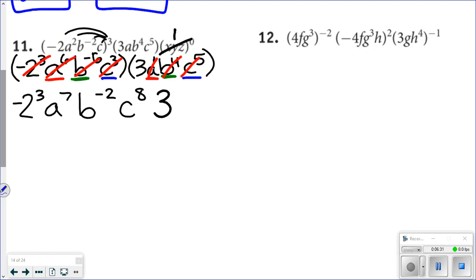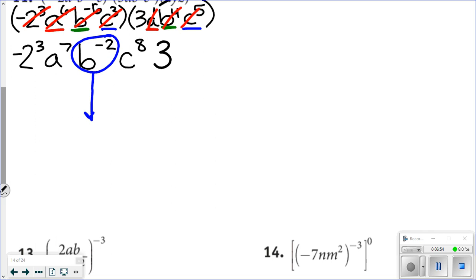No, so we need to take this, b to the negative 2nd power, can't have negative exponents, and it's unhappy, so it needs to move to the basement or to the denominator, and it needs to turn positive. So in my numerator, I'm going to keep a to the 7th power, c to the 8th power, and in the denominator is b with a positive 2.